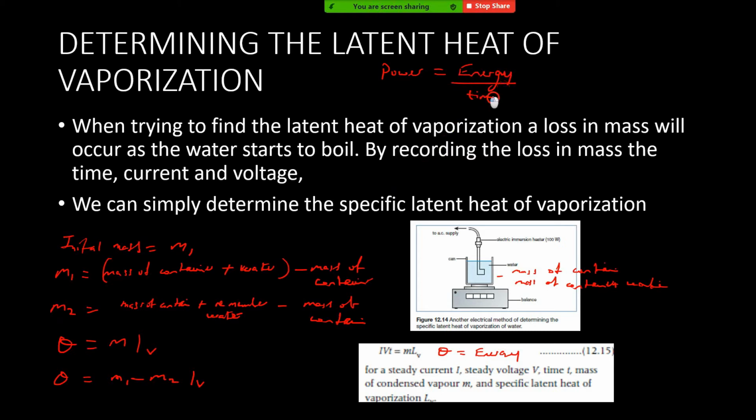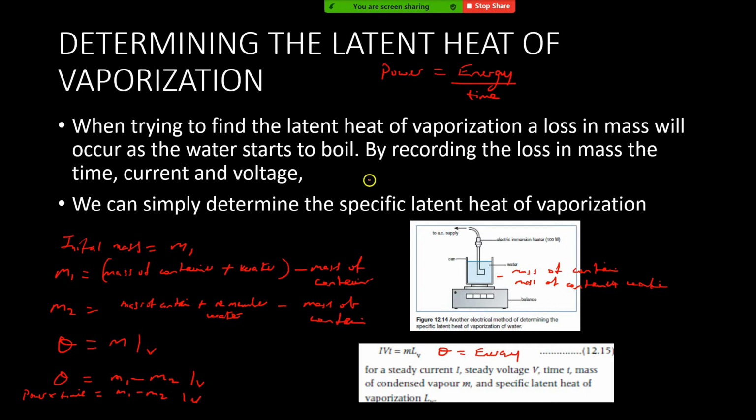So if I want to find energy, I would transpose. My energy is essentially equal to power times time, which is equal to M1 minus M2 times LF, right?